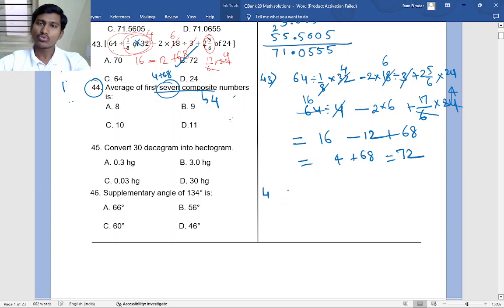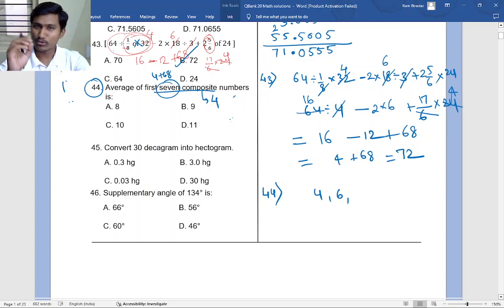Okay, so what are the 7 composite numbers? Let us write it down. That is 4, then after that how much? 6, and then what?